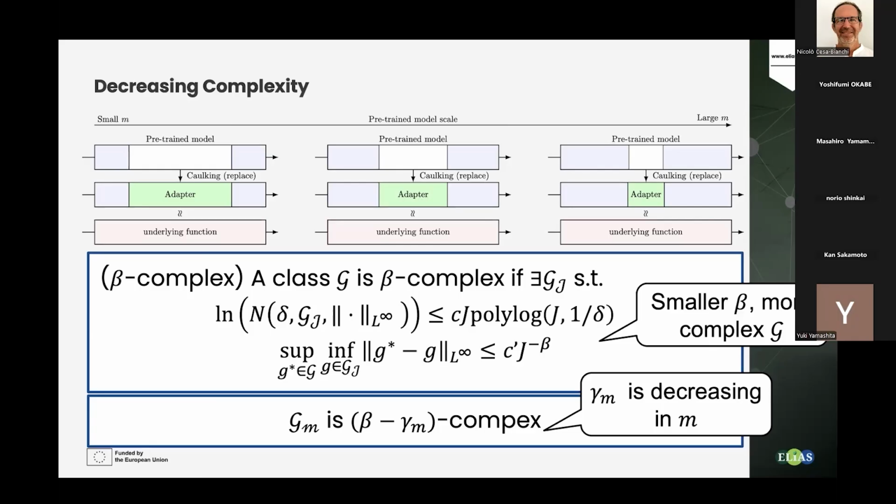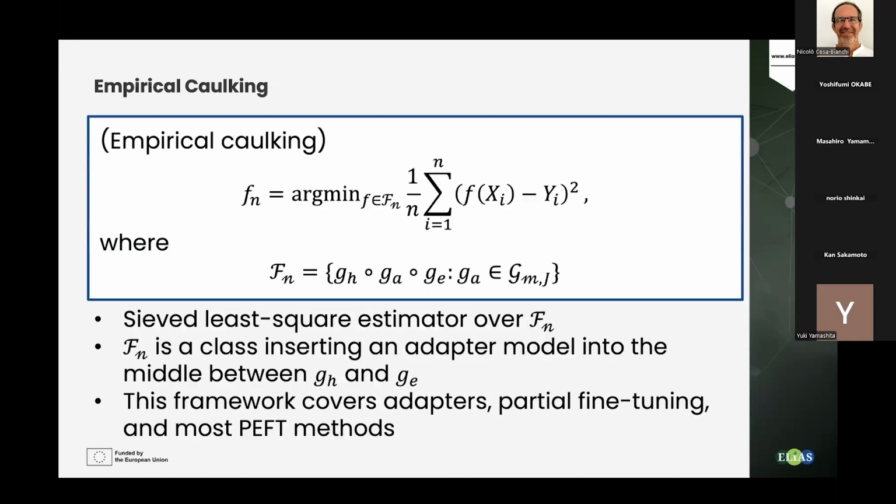So we assume the complexity of the adapter model increases up to beta. Then we carry out the algorithm of empirical chokeability. This just does parameter-efficient fine-tuning of the adapter model, adjusting the adapter model using the SWIFT risk estimator.